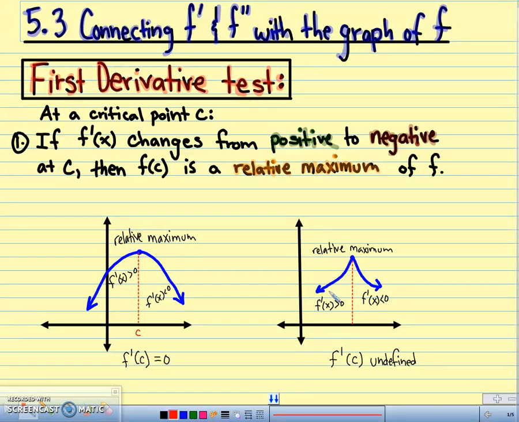And it can look like this, where we have a cusp. Remember, that's where f is undefined, not the derivative is undefined. So increasing, cusp, decreasing. So that's the relative maximum.